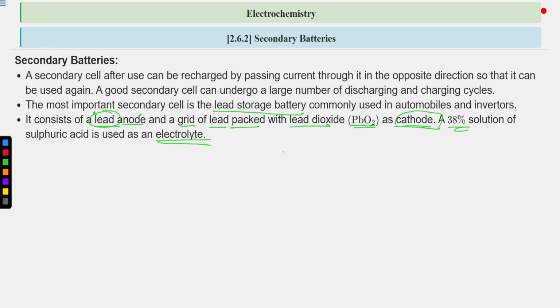If you consider that the electrolyte is filled here, and the two rods, one anode and the other cathode, are dipped into it, then the suitable movement of electrons and ions will happen through this electrolyte. So a 38% solution of sulfuric acid, H2SO4, is used as the electrolyte in the lead storage battery.